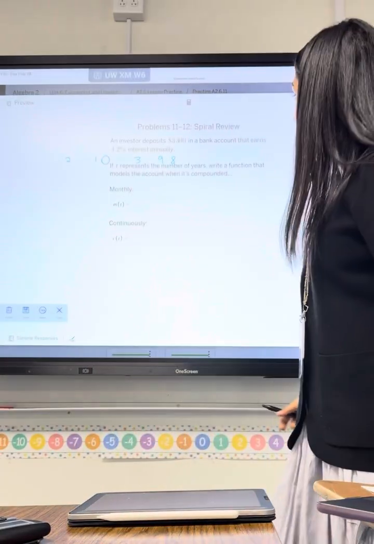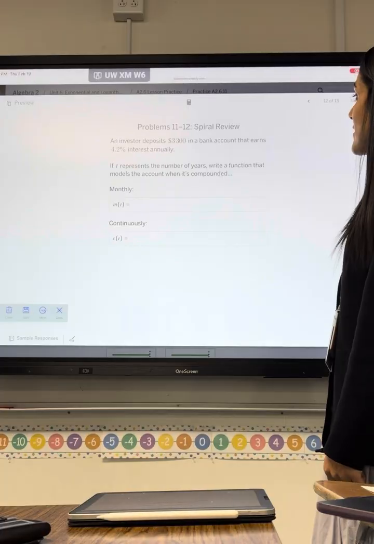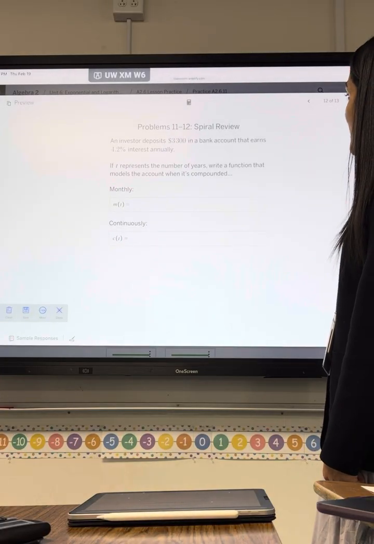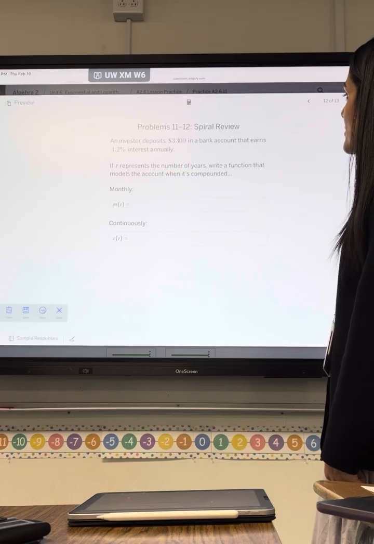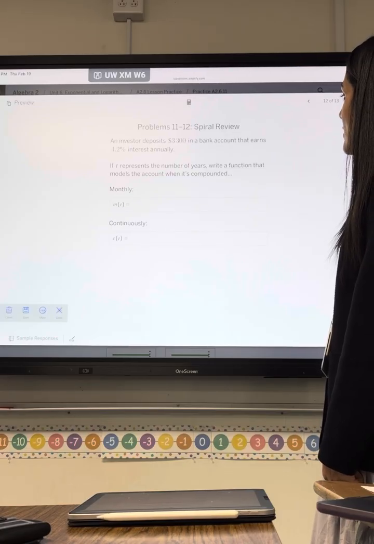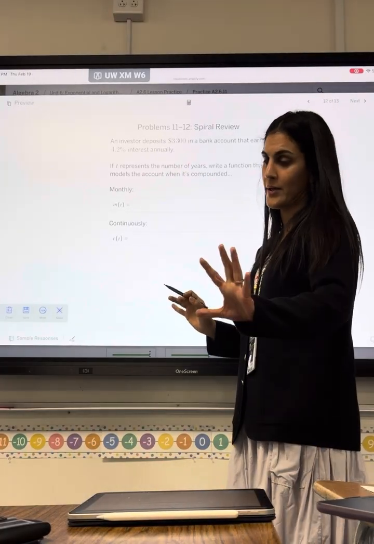Okay, and then lastly, we're gonna do a little spiral review. So an investor deposits $3,300 in a bank account that earns 4.2% interest annually. If T represents the number of years, write a function that models it when it is compounded monthly. All right, you guys.